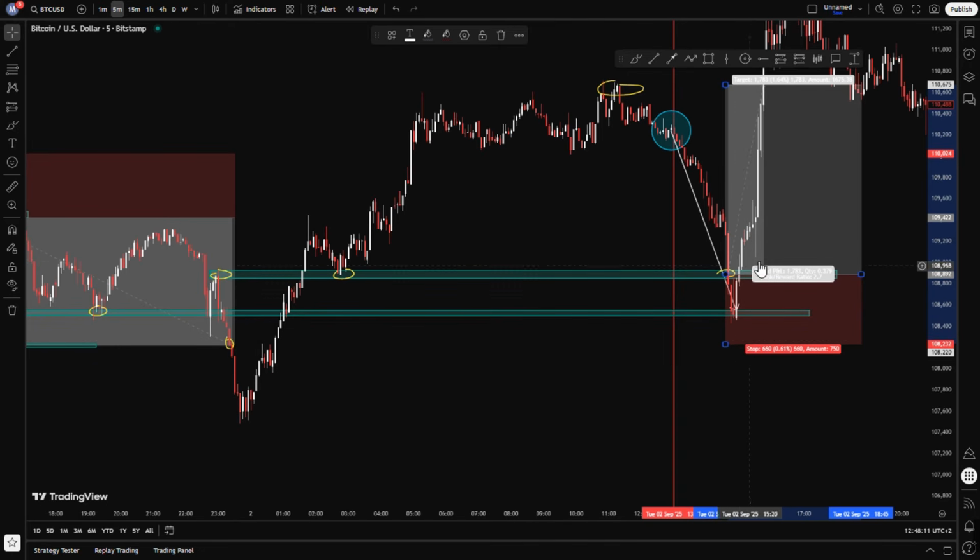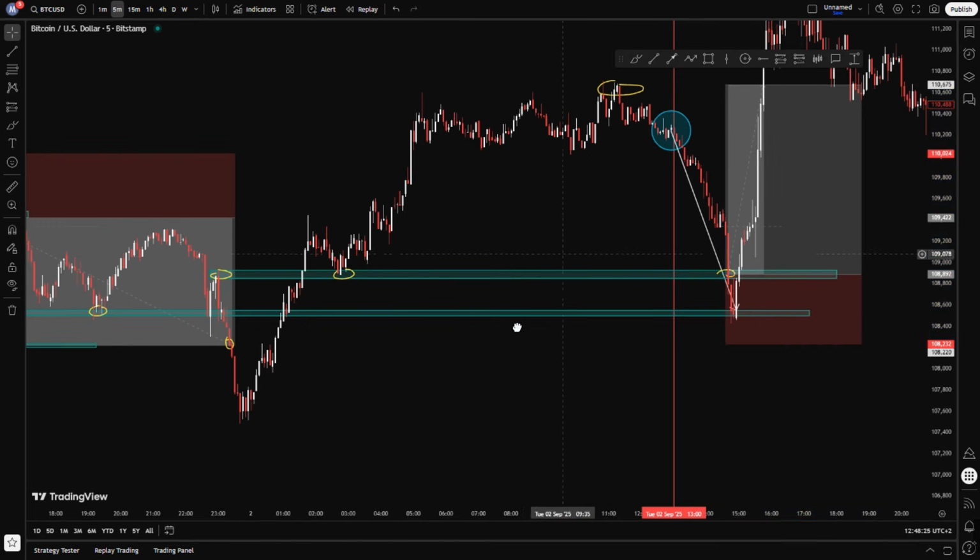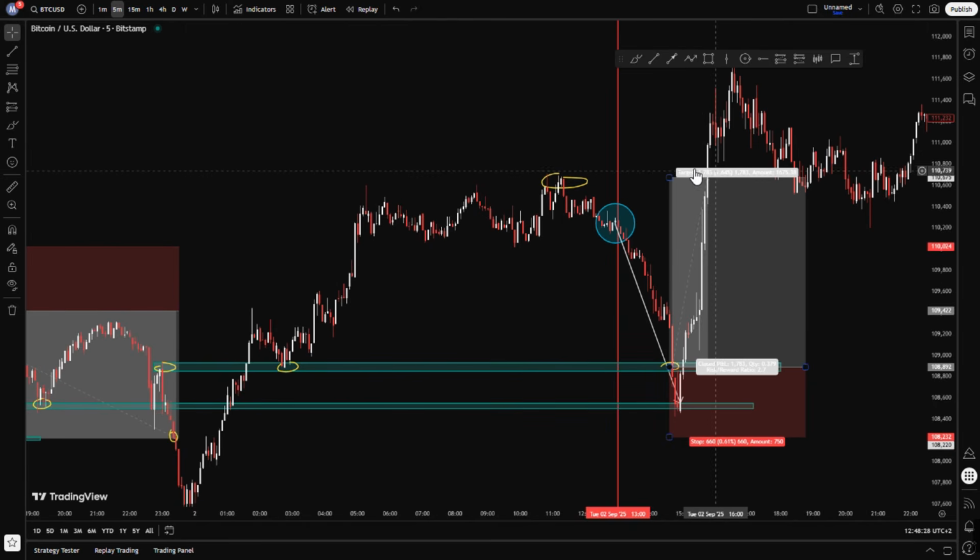Like in this example, this is the most obvious support zone. If you placed your buy position right here, price will drop slightly and then start pushing to the upside until hitting our take profit right here.